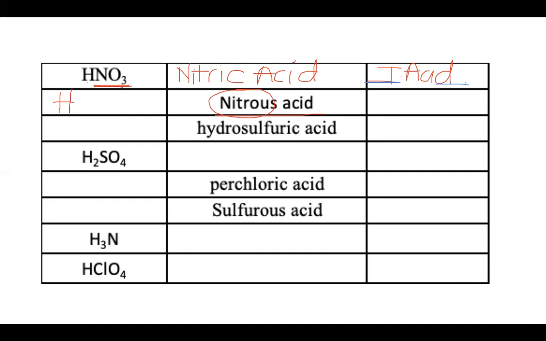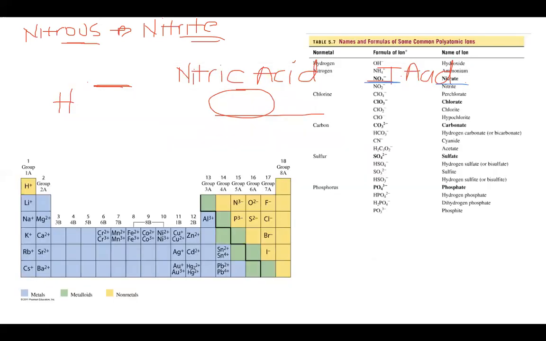Nitrous means that if I have now an ending of ous, it means that before it was ite, so I have to look for nitrite. If I look in my chart, I will point it out with blue.